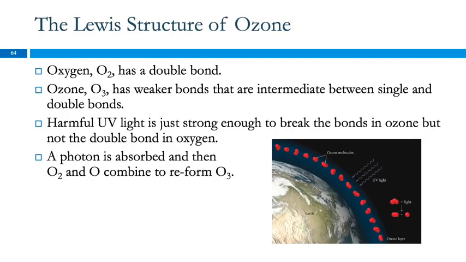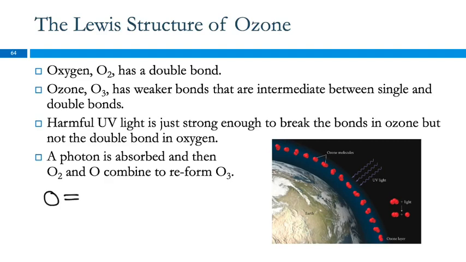And then this slide, I think, is just interesting from being an Earth person and living on the planet, right? So what's up with the ozone? Oxygen has a double bond.